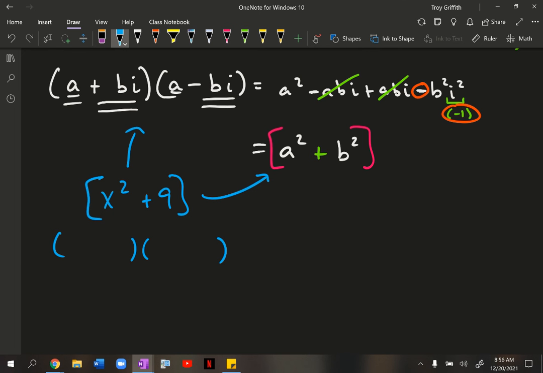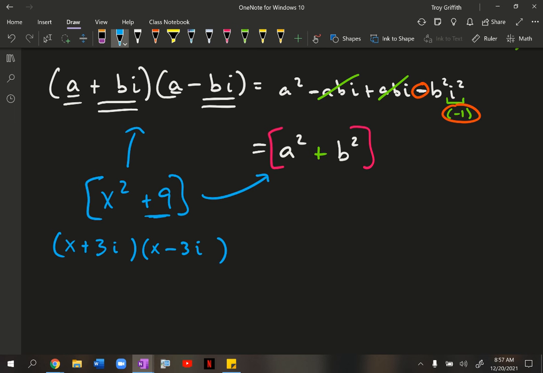Well, a and a is whatever I square to get the first term, that would be x. So that's consistent. I get a plus and a minus. And then for the next term, I have to think about the number 9. To get 9, I have to square 3. But the difference here is that I have to use imaginary numbers to get this term to be a positive.